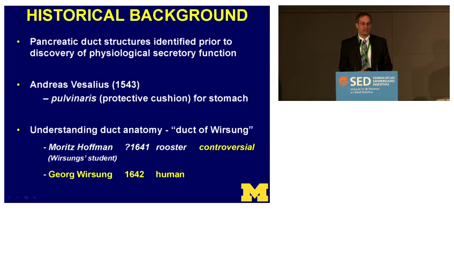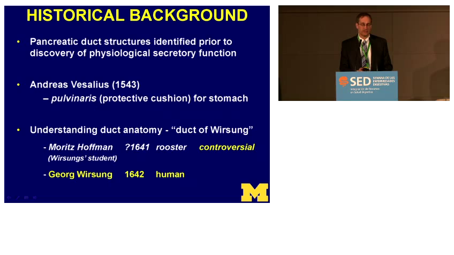Pancreatic duct structures were identified long before there was recognition that the pancreas had a physiologic secretory function. At the University of Padua in 1543, Andreas Vesalius described the pancreas as pulvinaris, or protective cushion for the stomach. At the University of Padua, additional understanding grew in recognition of the main pancreatic duct.